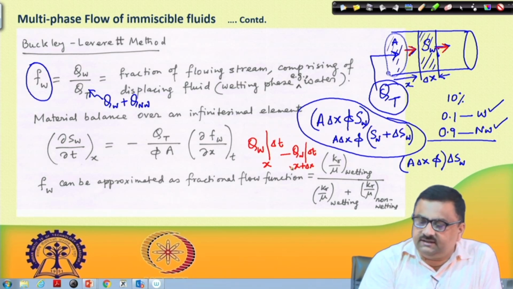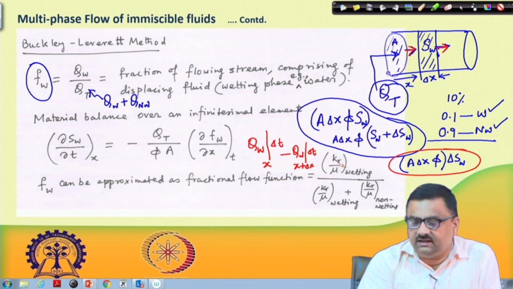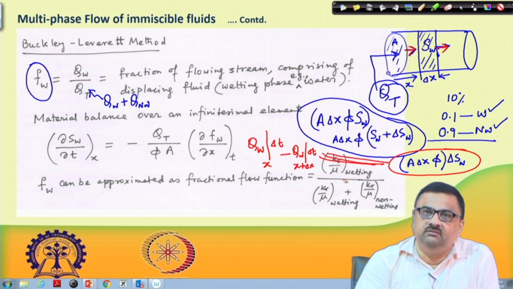So, in minus out is equal to accumulation. These two we have to link.